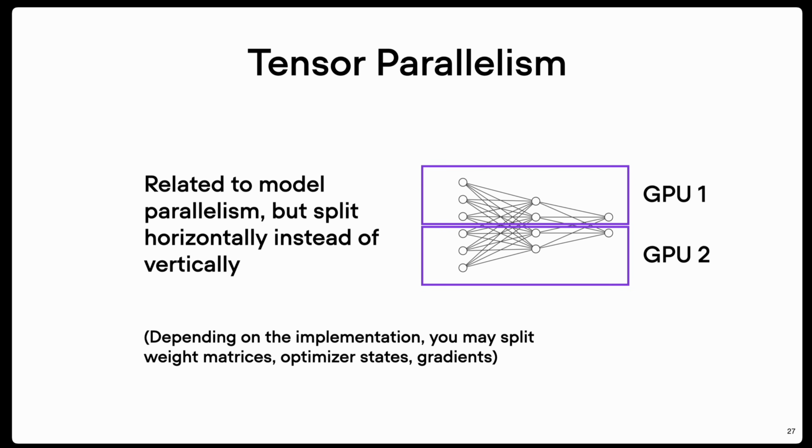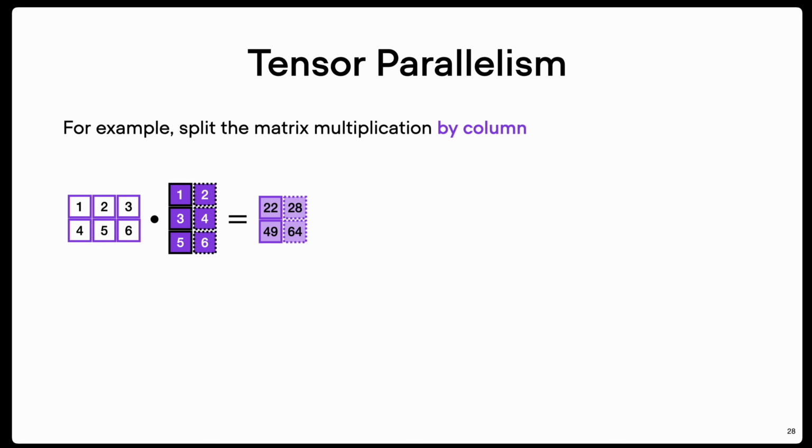So why or how does it work? If you think back of how matrix multiplication works, there are essentially two ways we can distribute that. We can distribute it by row or by column. Here I'm showing just by column for brevity. So if you have this matrix multiplication shown on the left-hand side, we can break that up into two operations.